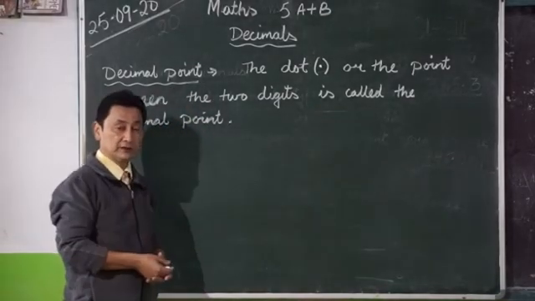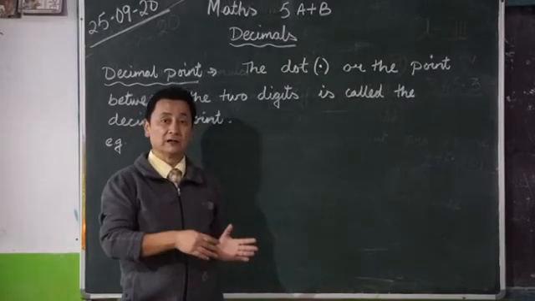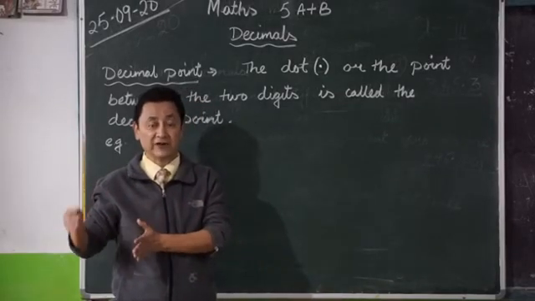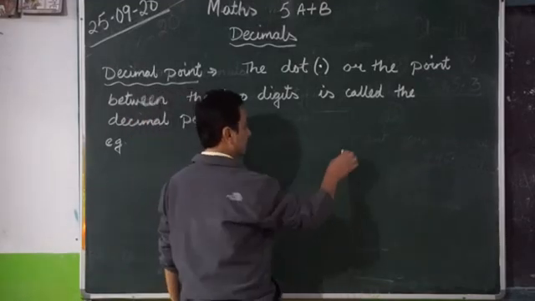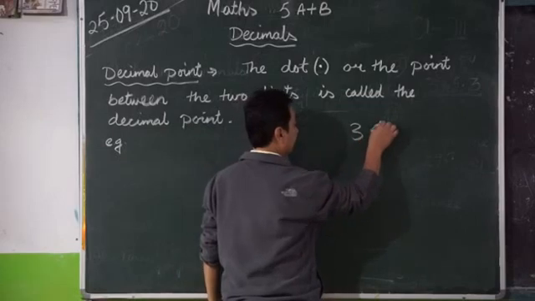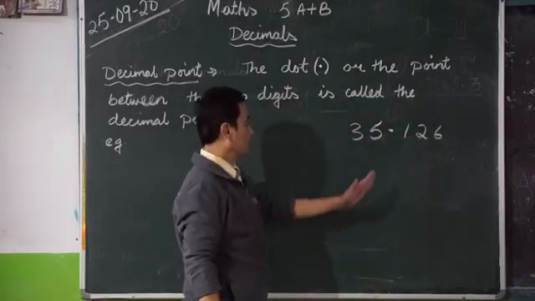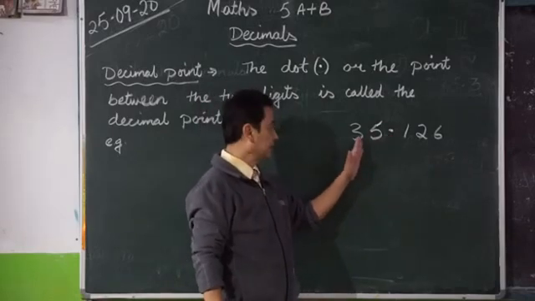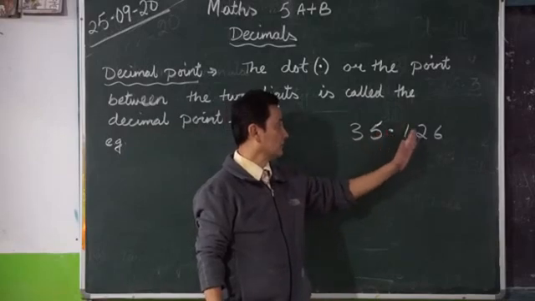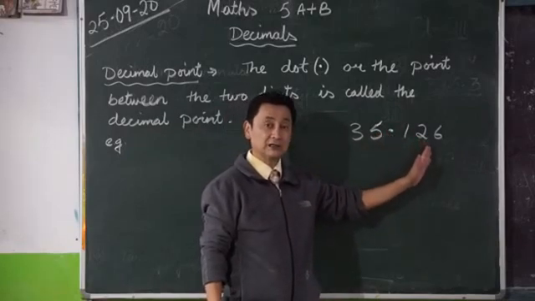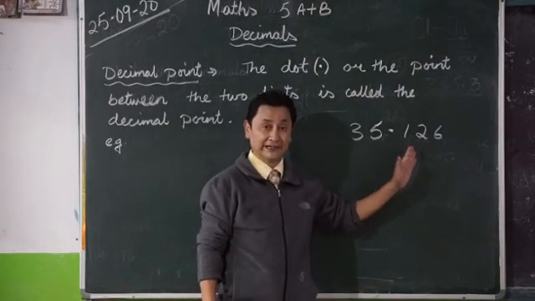And this decimal point is important because it separates the whole numbers from the fractions. The whole numbers from the fractions. For example, 35.126. So whatever numbers come before the decimal are the whole numbers, and whatever comes after the decimal point are the fractions, which you will know later.